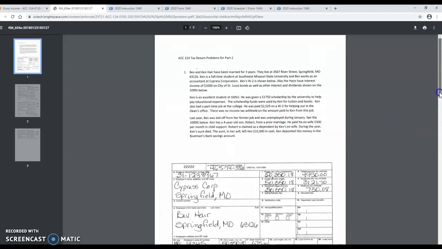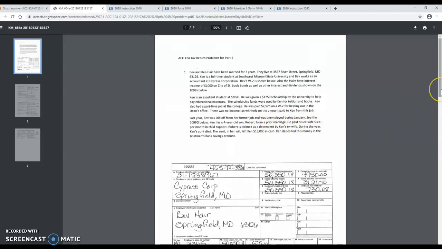Okay? So Robert would have to be living in Ken's house. Or if it said in the divorce decree that even though Robert isn't living with Ken, Ken could claim him, and then the ex-wife has to sign off also on the paperwork to that effect.